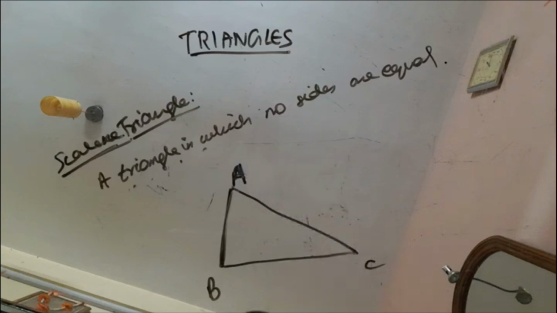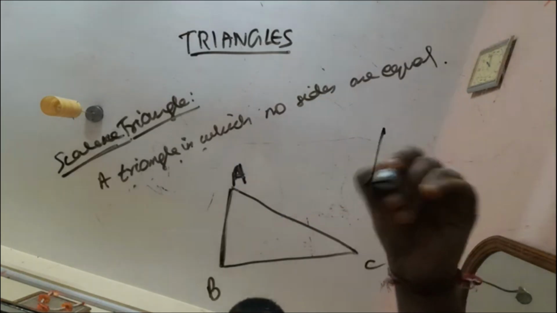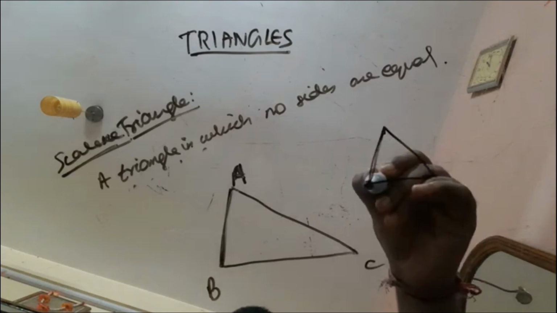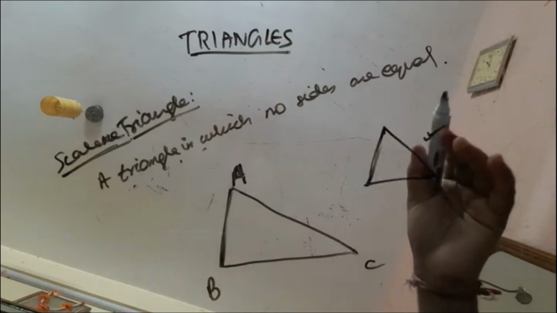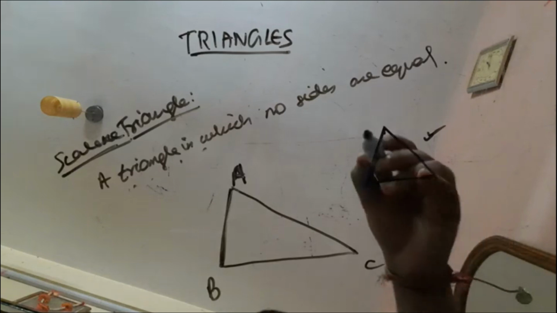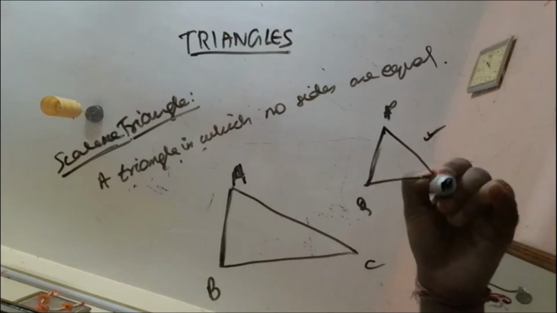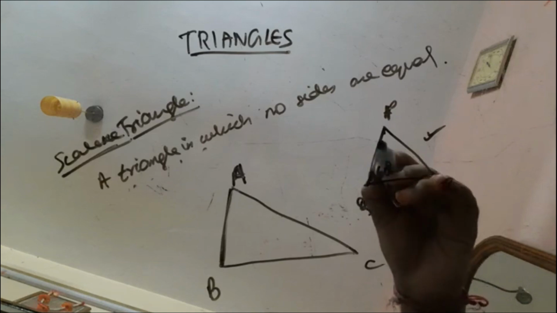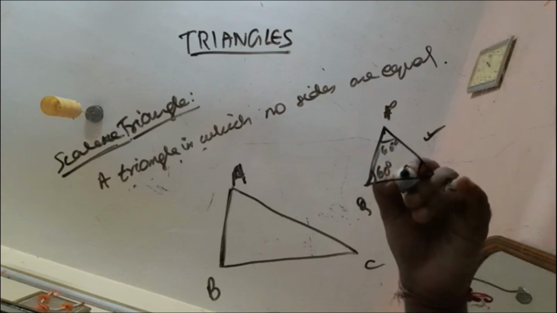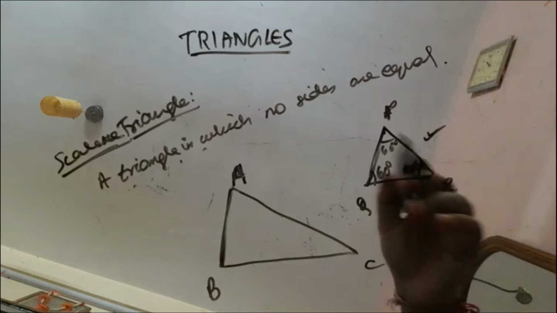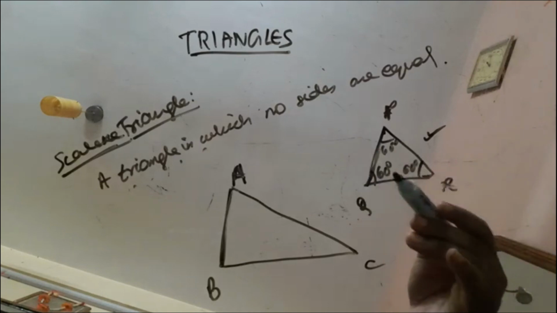Scalene triangle. So most of the triangles that we draw freehand, we are saying that this is an equilateral triangle, but we have drawn it freehand. So this is practically a scalene triangle, but we assume it to be an equilateral triangle. When we say that PQR is an equilateral triangle, we mark these three angles 60 degrees and we assume for the sake of simplicity that this is an equilateral triangle.